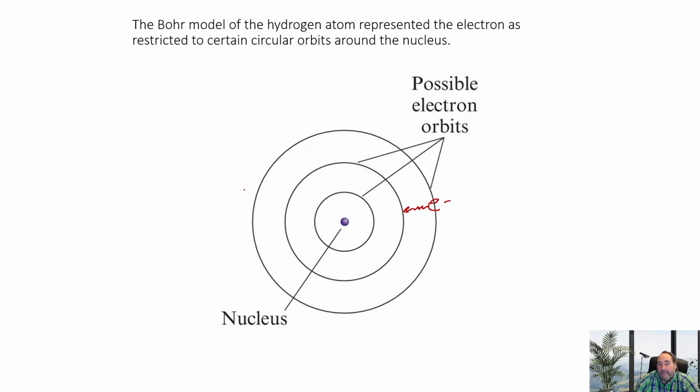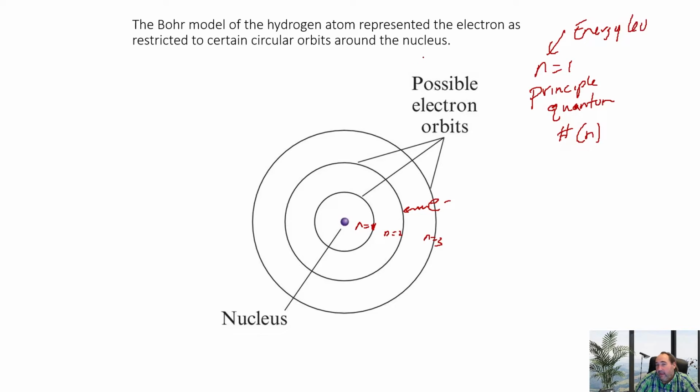These are energy levels, and he called these, for example, n equals 1, n equals 2, n equals 3, and so forth. n refers to the principal quantum number. There are actually four quantum numbers that you'll learn in the next class, but the principal quantum number, n, is a fancy way of saying the energy level. n equals 1 is the ground state.